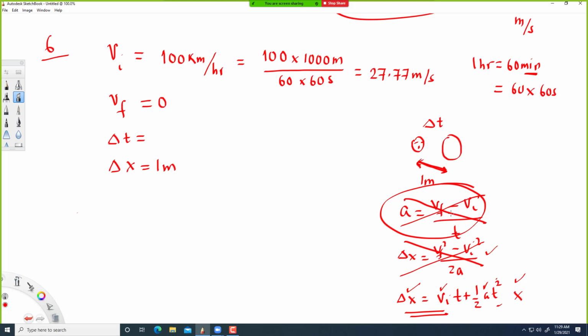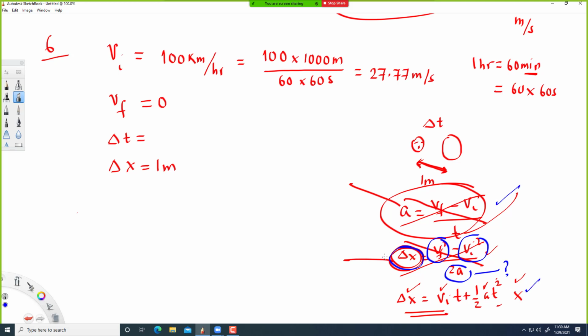We cannot have 2 unknowns. This is still not useful. How about this one? This one is known, that's known, that's known, that's unknown. That means we can use this equation to find A, and once we know A, we can use either of the other two to find the time.